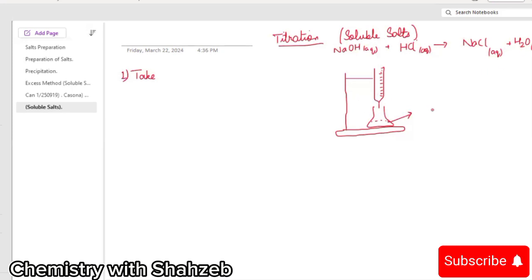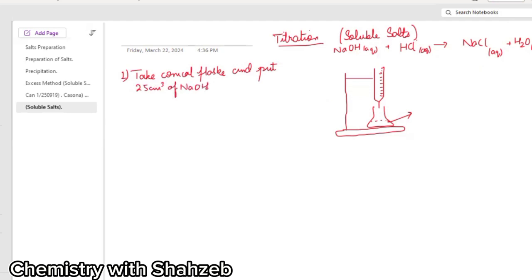So we take the conical flask and put 25 cubic centimeters of NaOH in it. We can measure the exact quantity of 25 cubic centimeters with a pipette.